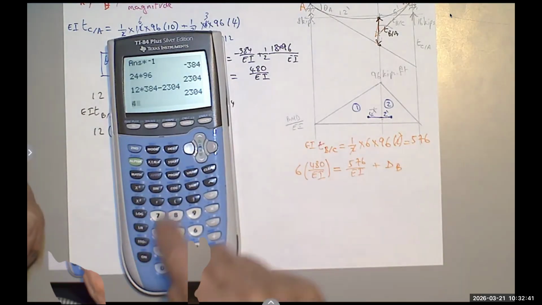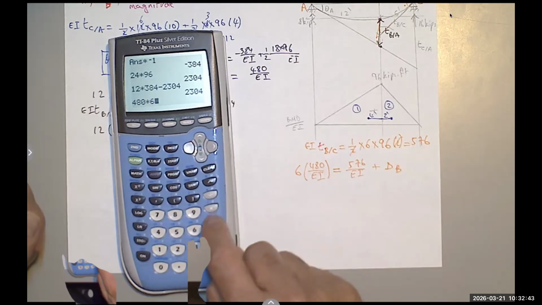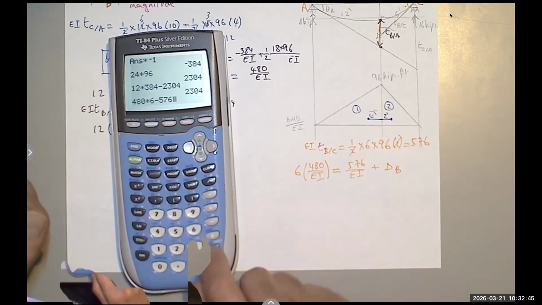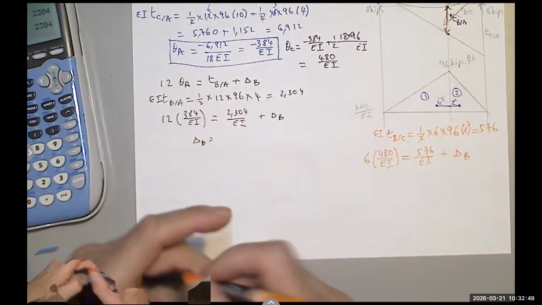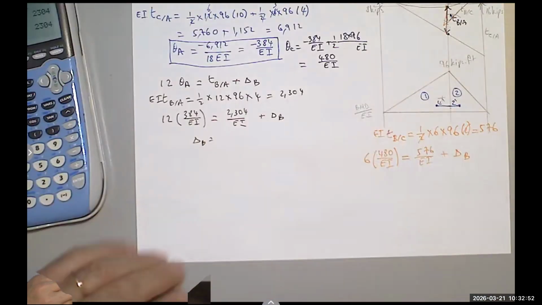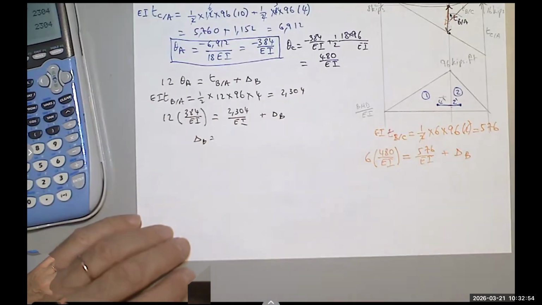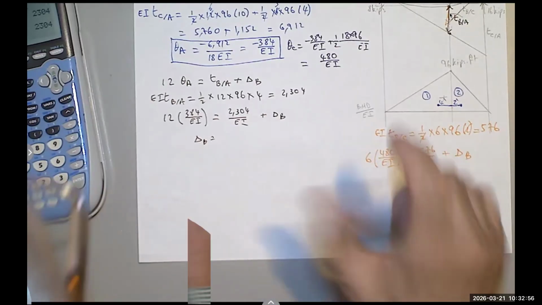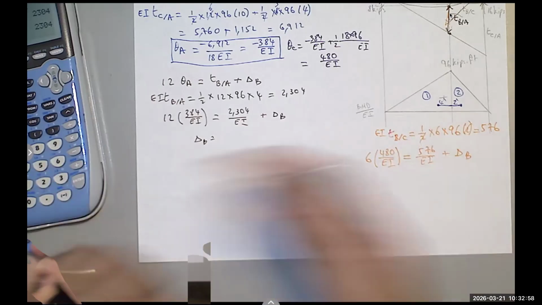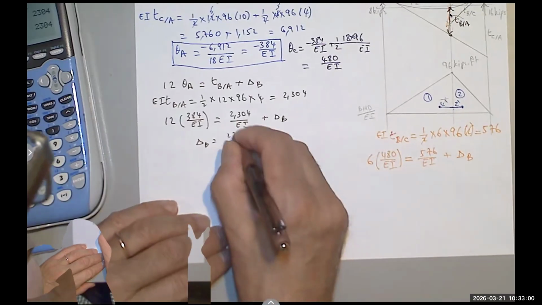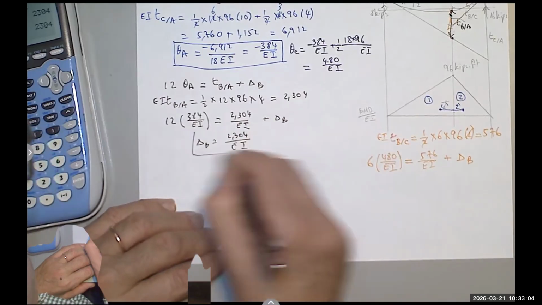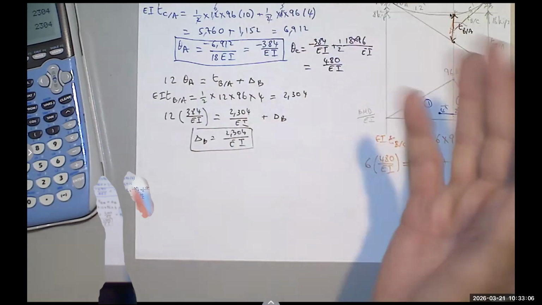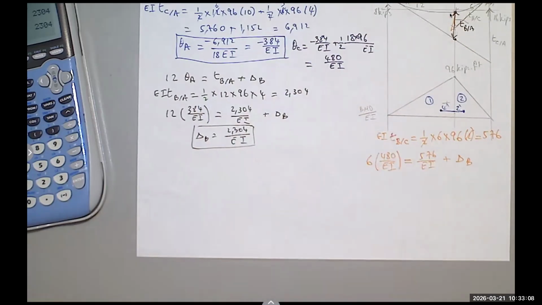Yeah, maybe. 480 times 6 minus 576. Yeah, 2304. Okay, so the correct answer is 2304 over EI. And we have done something similar before, so really nothing new.